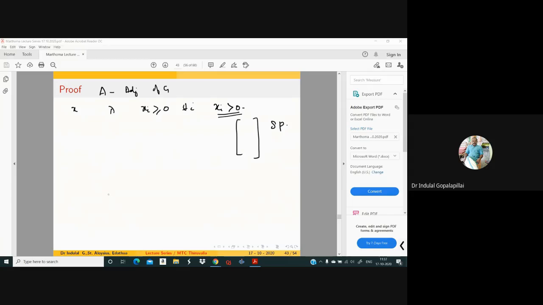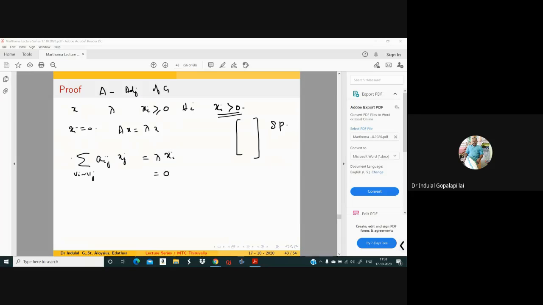That is easy to show. Assume that some Xi is equal to 0. And we know that Ax is equal to lambda x. Suppose some Xi is equal to 0, then you expand along that row, so that the sum over Vj adjacent to Vi of Aij Xj equals lambda Xi, and lambda Xi equals 0.